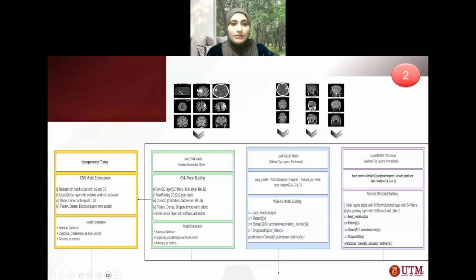For the merged experiment, I call this merged brain subtype. So we have 1, 2, 3, 4, which is CNN, VGG16, ResNet, and hyperparameter tuning. And for axial, sagittal, coronal, we'll go one by one, like 1, 2, 3, 4, then sagittal 1, 2, 3, 4, then coronal 1, 2, 3, 4.